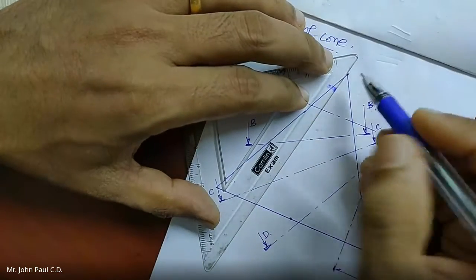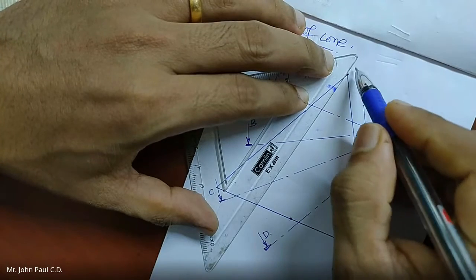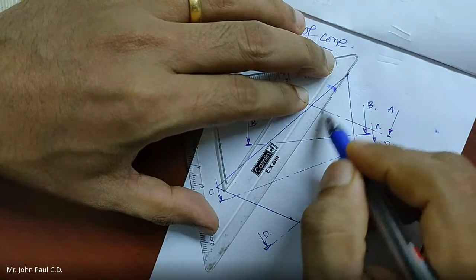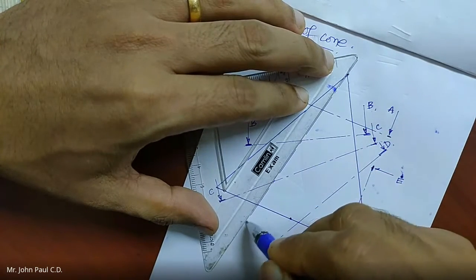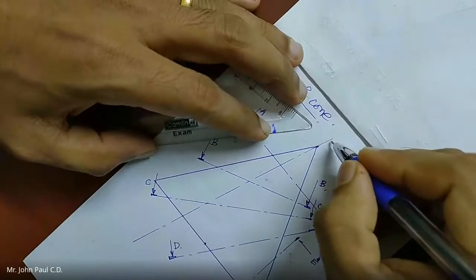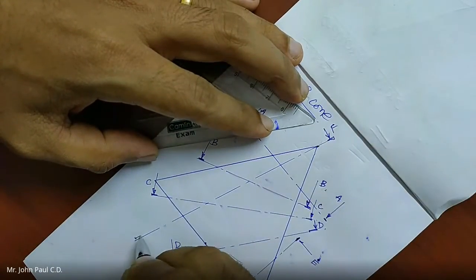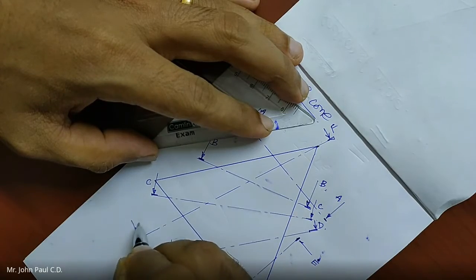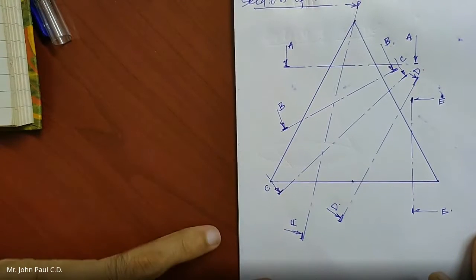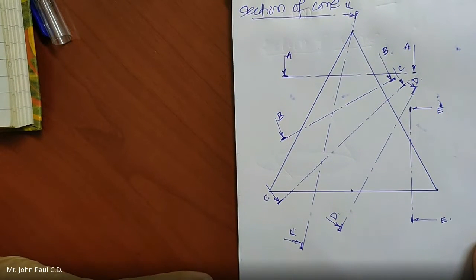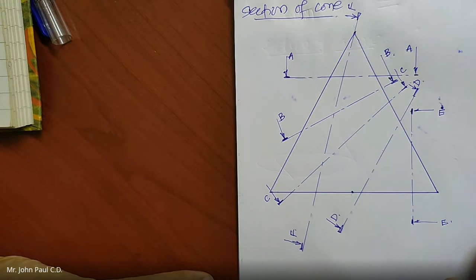And the last one, this I may name as F. I hope you can see all the cutting lines. Yes, you can see.